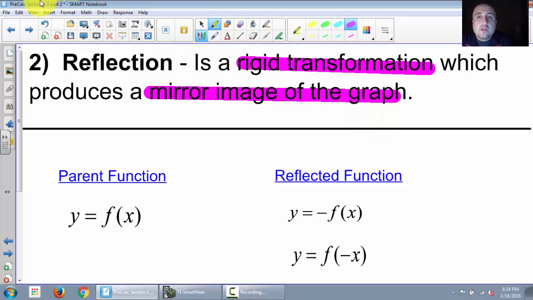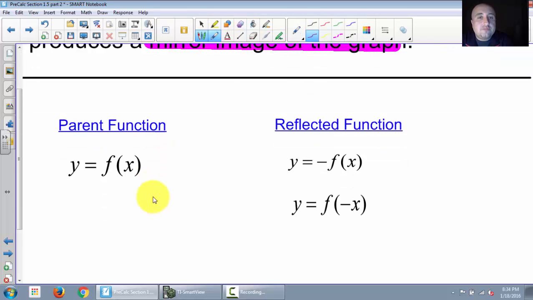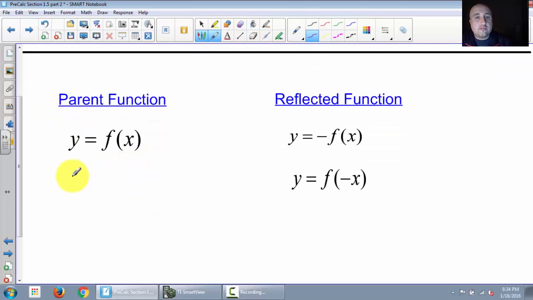All right. So let's see what we have here. Here's our parent function. Okay, so let's do y = x squared again. Now, if you take your whole function and you put a minus in front of it, so for instance, we have our x squared, but we're going to put a minus in front of it.